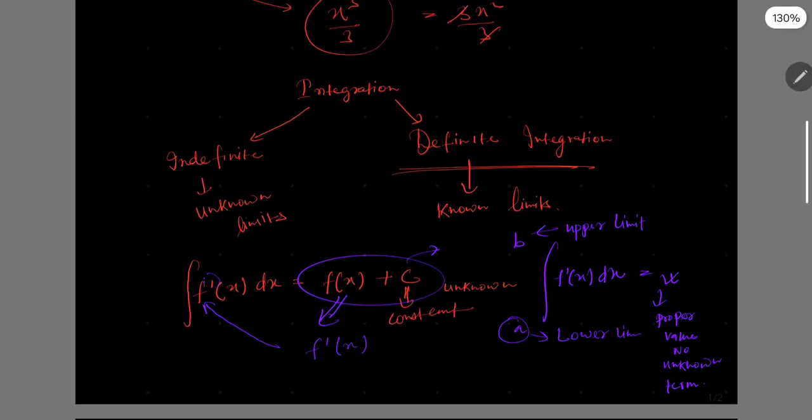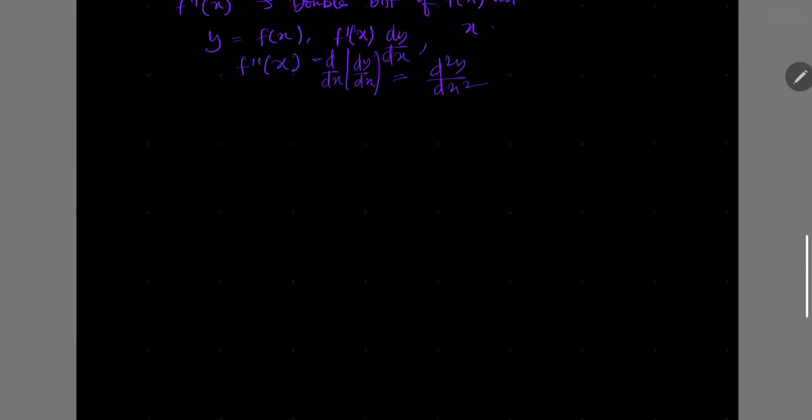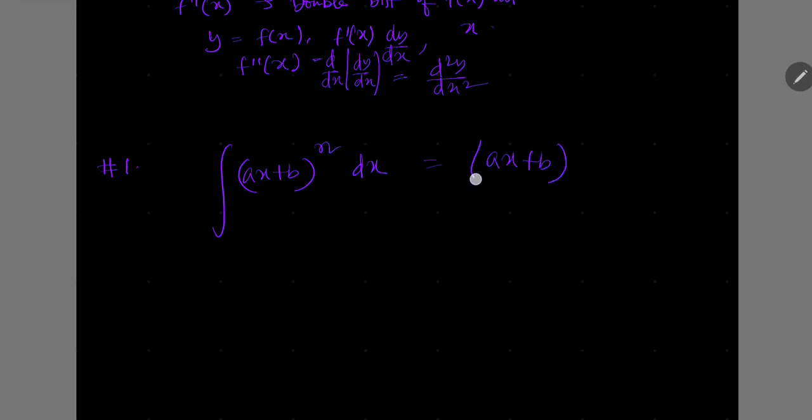Okay, so let's talk about the formula list. Keep in mind there are fewer formulas compared to differentiation. If you have to integrate (ax plus b) raised to n with respect to x, where a and b are constants, the answer will be (ax plus b) raised to n plus 1 upon n plus 1, plus c, since I am not putting the limit.